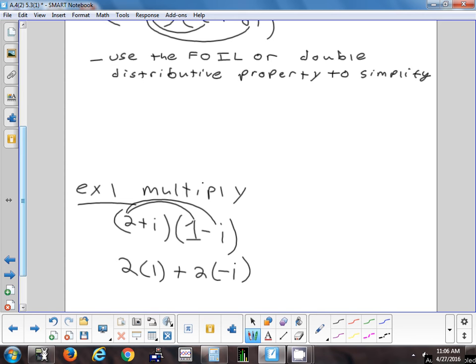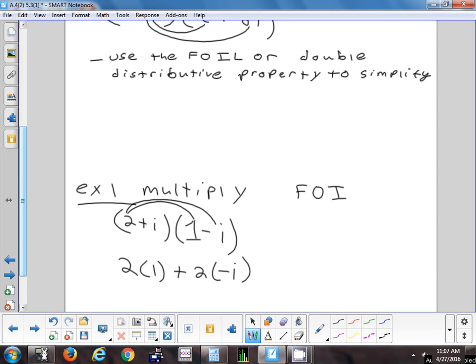Ashley, can you tell me the next two things I multiply? So we did the first, we did the outer. What's the next letter in FOIL? How do you spell FOIL? Yep. So I stands for inner.